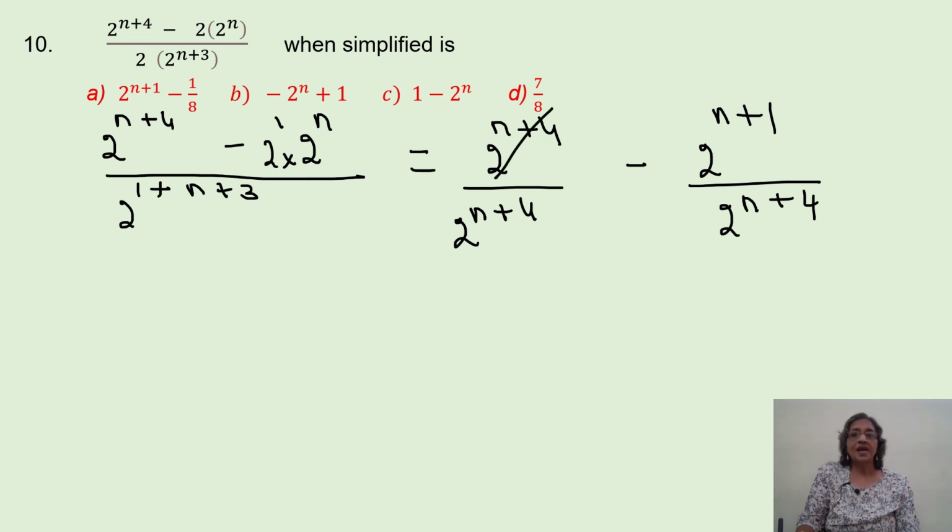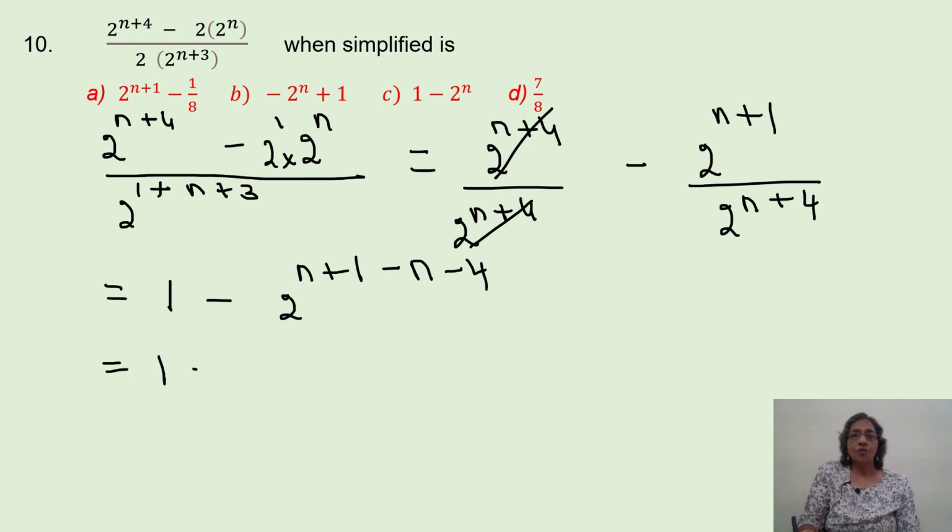So this cancels and I have 1 minus. Now here the bases are the same. So using the property, this is division, so this would become subtraction.